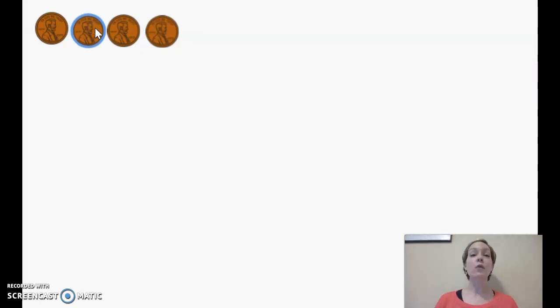And if I were going to write the value, it would look like this. This is the way that we show 4 cents. It's just the number 4, and this little C with the line through it, that's the symbol that represents the word cents. So right here, we are showing that we have made 4 cents.